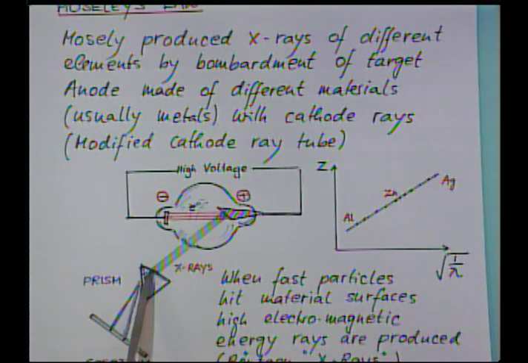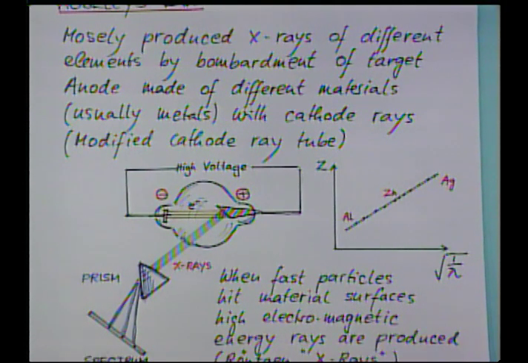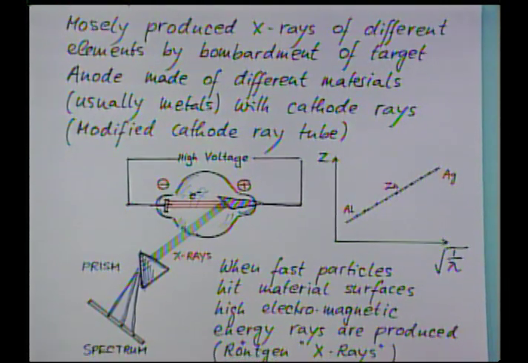We send the rays through a prism, and the rays are diffracted in this prism, and then we get the lineup, the emission spectrum of particular lines recorded in various means.